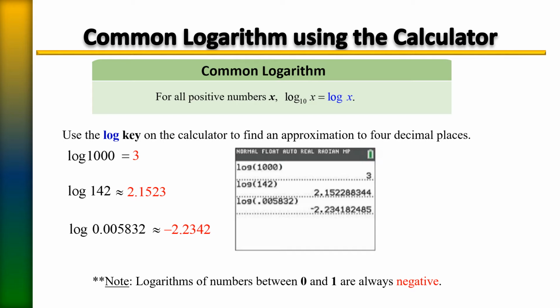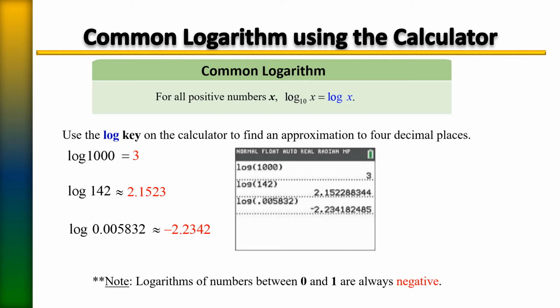It may be the same for the Texas Instruments TI-30 as well. Go ahead and look for it, and I want you to find the common log of 1000 and 142, and then the decimal you see there.